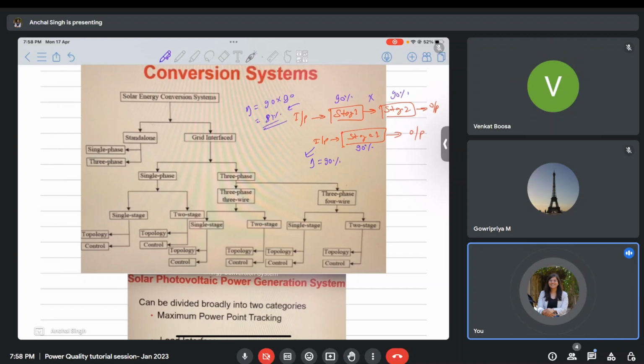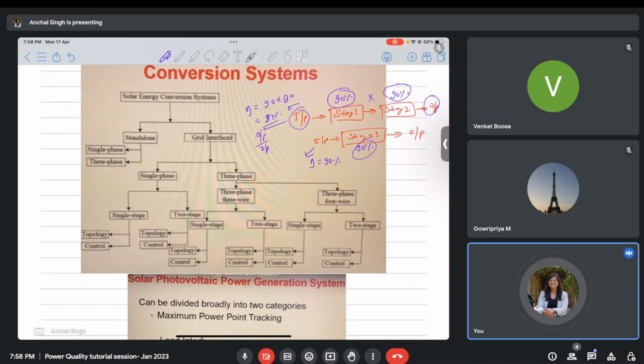Because they are cascaded, they are basically in series connection, so the efficiency of this will be multiplied with the efficiency of this in order to obtain the overall efficiency, that is output by input. So it reduces to 81%, which is less than 90%.